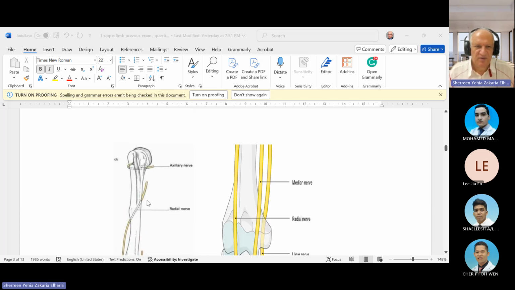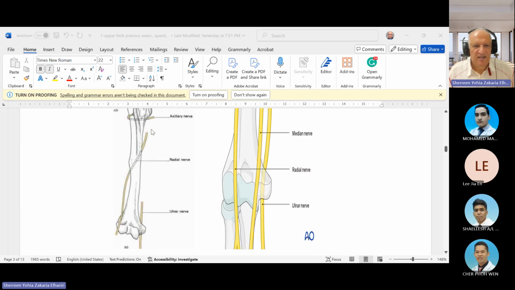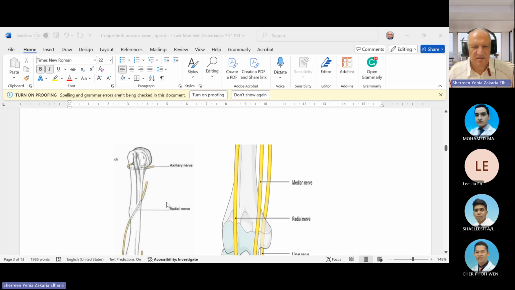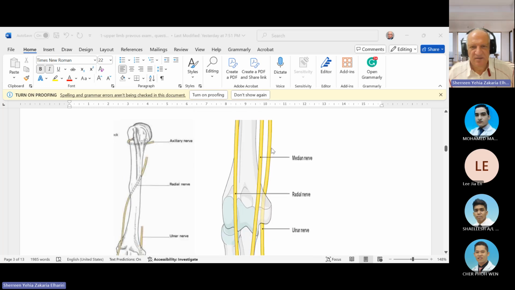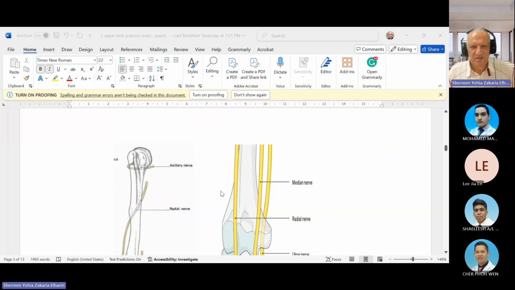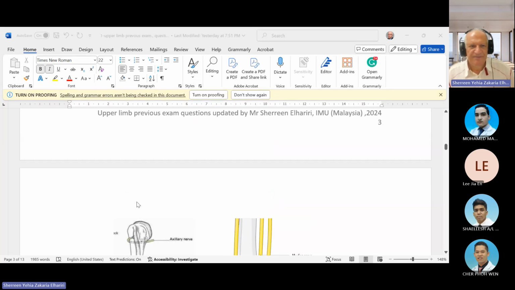So you can find, for example, a fracture here affects the axillary nerve, which supplies the deltoid muscle, the radial nerve, which supplies the extensors of the forearm, and the ulnar nerve behind the medial epicondyle, which can be injured in supracondylar fracture. Again, you can find here the three nerves, ulnar behind, median in front, and radial, in this way from medial to lateral.